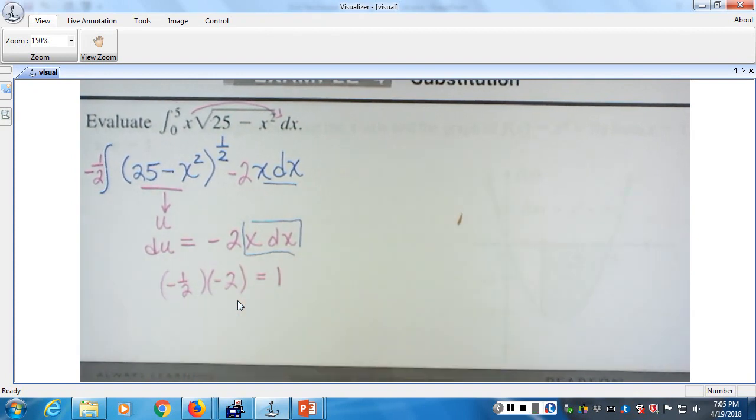So by introducing both of those factors, I've actually only introduced a 1 into the problem. You have to have the negative 2 before you can actually do the derivative. Once you put it in, it's going to disappear along with x dx, but the negative 1/2 is going to hang around because it's a multiplier now.